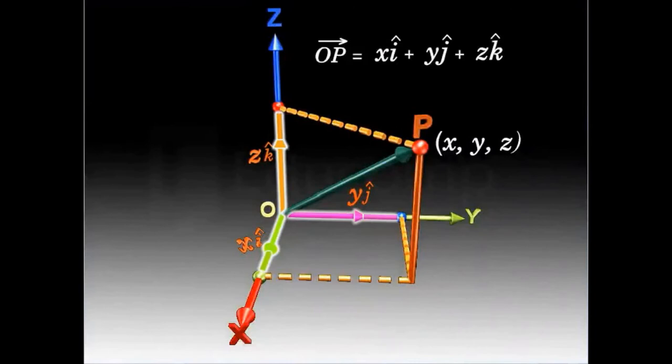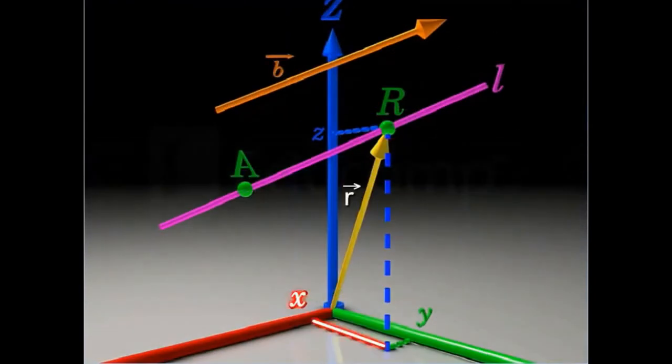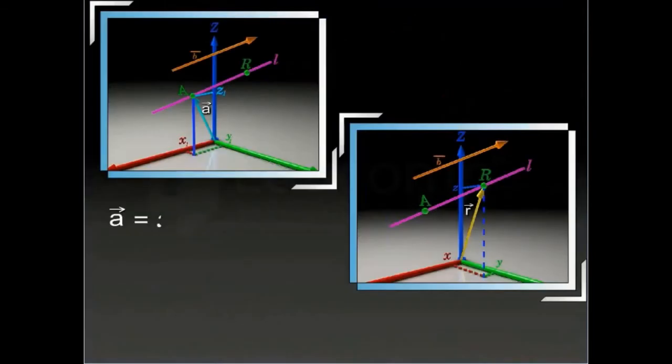Each vector in space can be represented as a sum of vectors parallel to the three axes of the rectangular coordinate system.